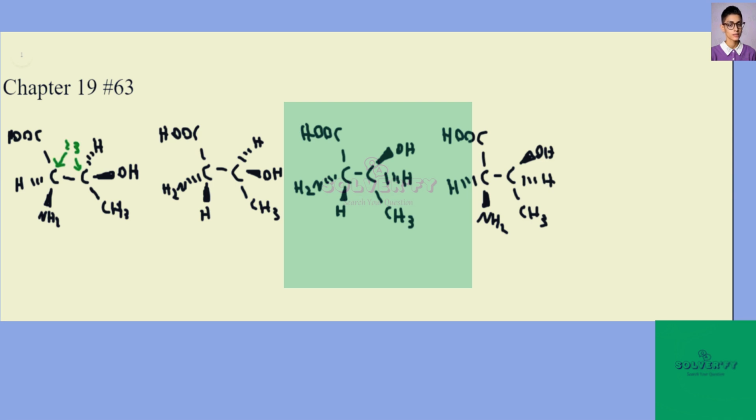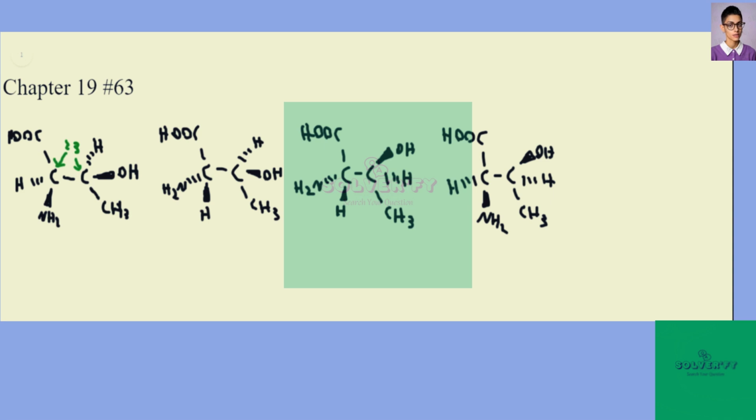In this first one that I've arrowed, 1, 2, 3, that's 2S, but it's 3S also, so that's not right. But we do need that configuration. Oh, no, we don't. We need 2S, so this is 2R rather.